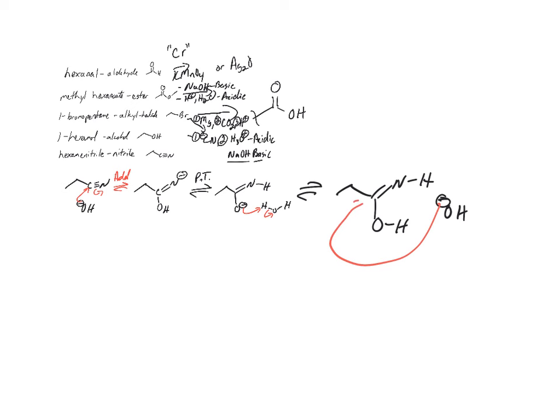So this can react here. Again, remember, we have to add 2 oxygens. We're turning this into a carboxylic acid. So addition step, tetrahedral intermediate. Proton transfer.